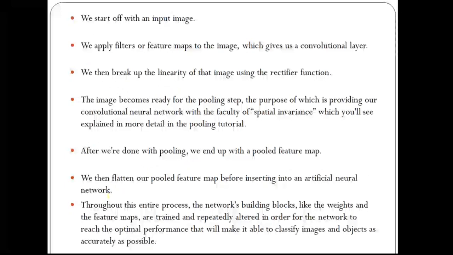So what we have done: we have taken the input image, then applied the filters to get the feature map, then to break up the linearity, we use the rectifier function, then we use the pooling step, which provides our convolutional network with the faculty of spatial invariance. Now we are done with the pooling map. We have the pooled feature map. Now we can flatten our pooled feature map. Now our flattened feature map is ready for input to the ANN.